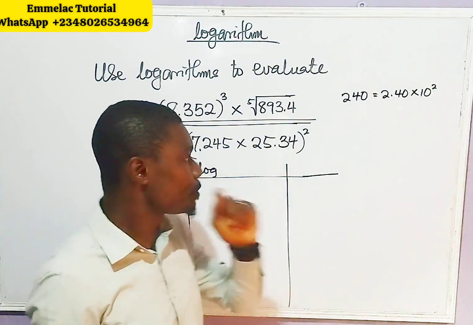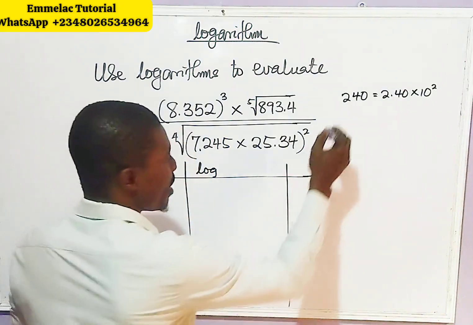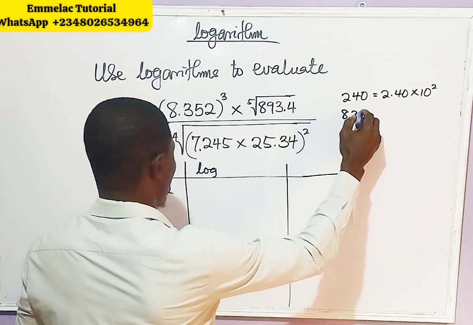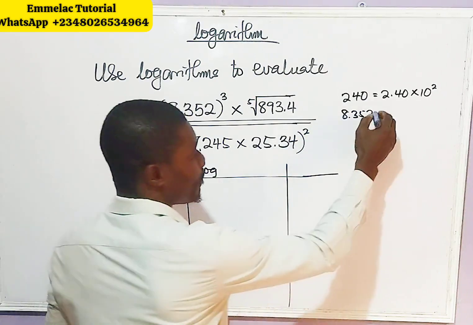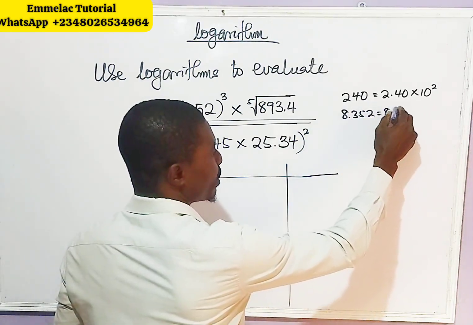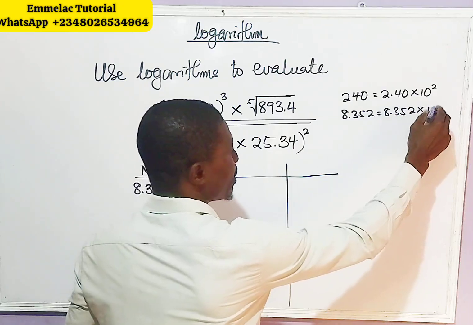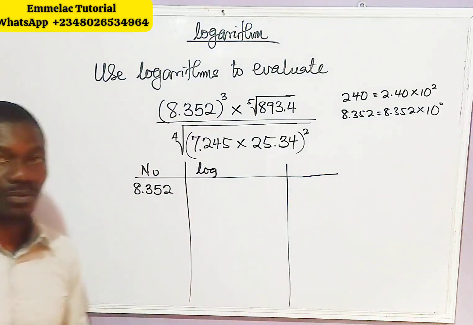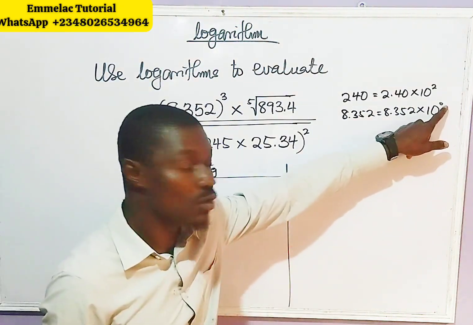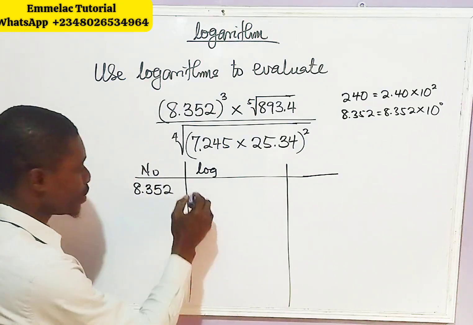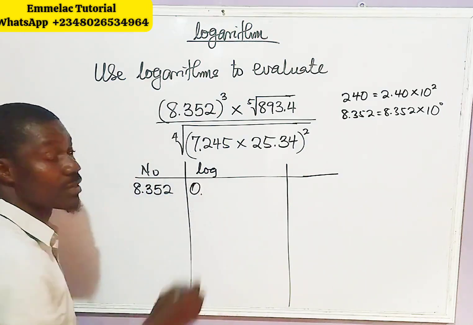So in this case here we have 8.352. Now this is just the same thing as saying 8.352 times 10 to the power of what? 0. So this 0 here becomes the characteristic. So what we just need to do here is 0 then point.